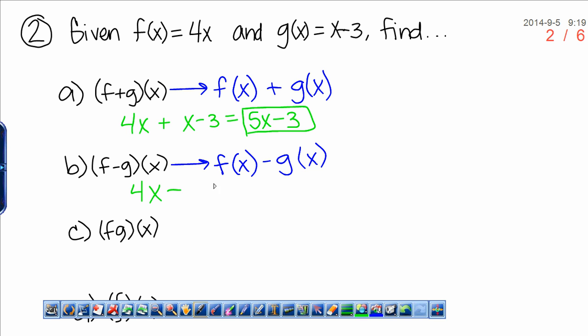Now, I'm not just subtracting the x part of x minus 3. I'm subtracting all of g of x. So what do you think I need to put g of x in? Parentheses, good. Got to subtract that whole function. Okay, which would give me 4x minus x plus 3, which gives me what? 3x plus 3.